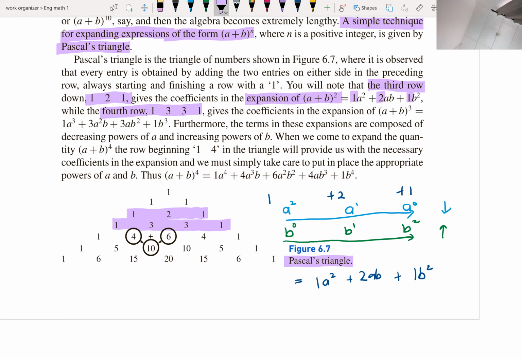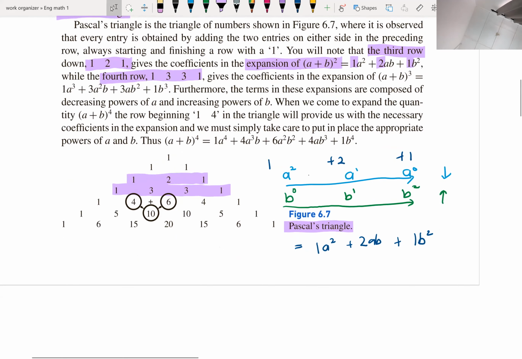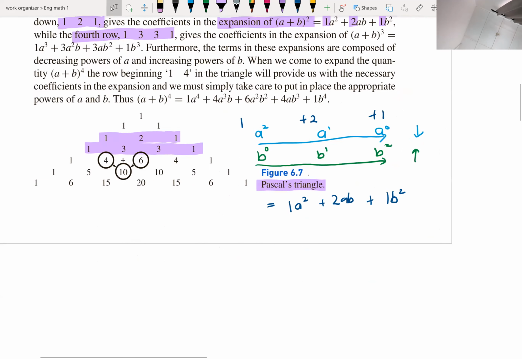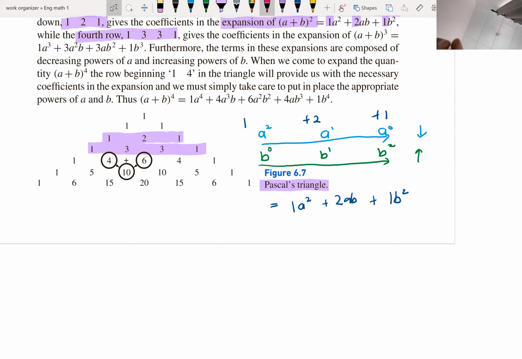Okay, 1 3 3 1, isn't it? As A goes from left to right, it will be decreasing.